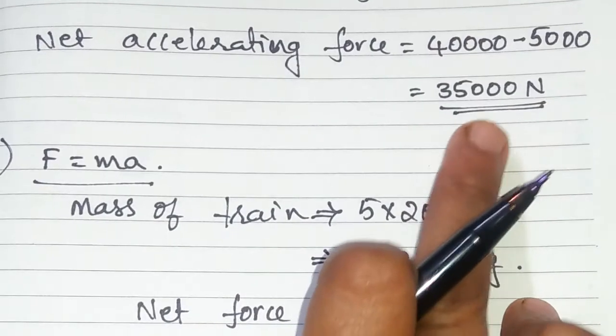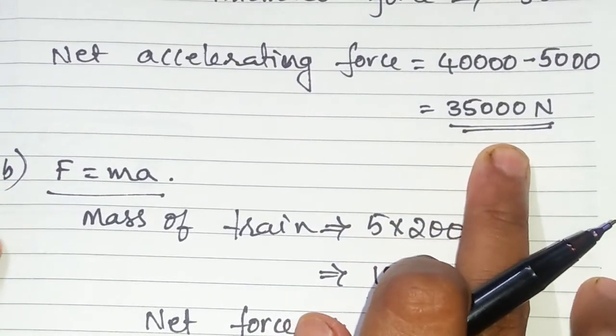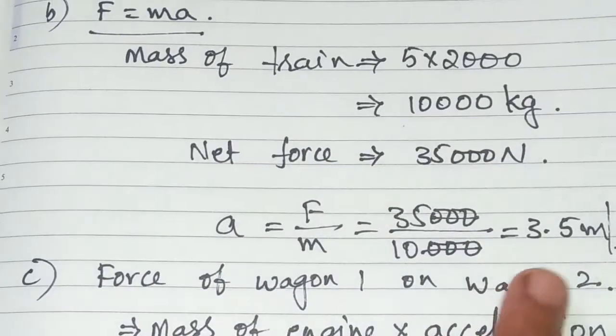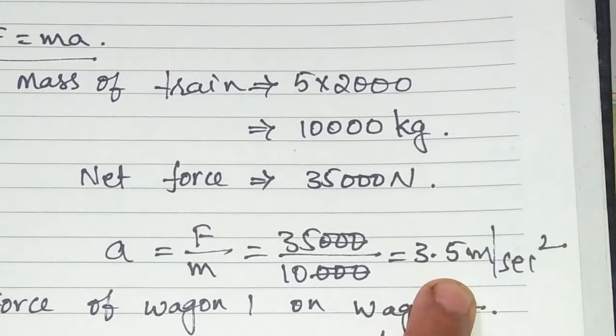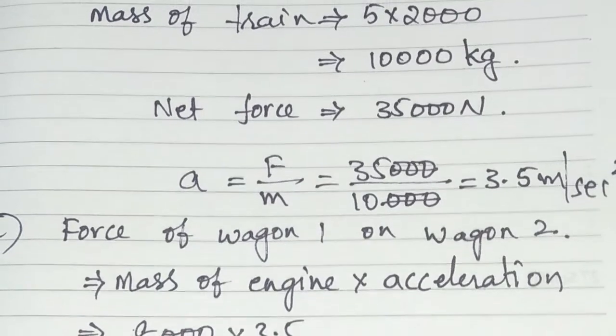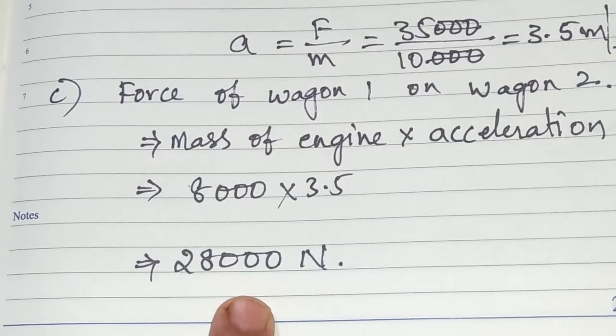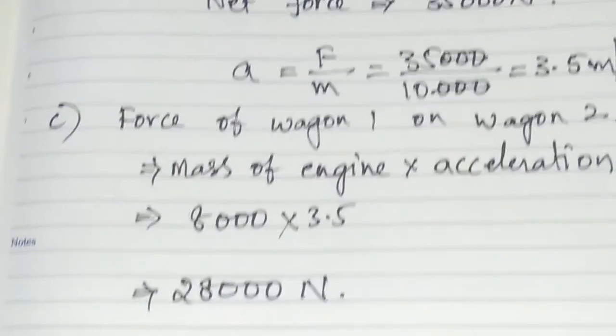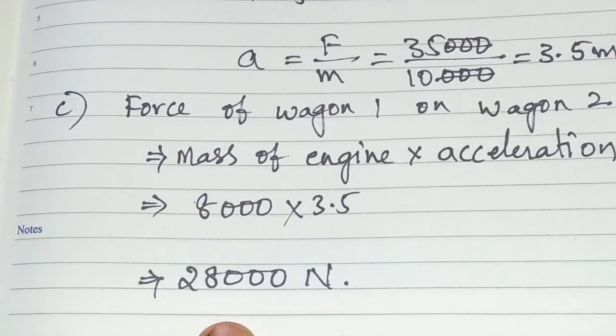Newton. Okay. So the first answer we got here, net accelerating force on the train, 35,000 newtons. Then for B, acceleration we got 3.5 meters per second square. Then the third one we got here as 28,000, that is the force of wagon 1 on wagon 2. We got the answer as 28,000 newtons.